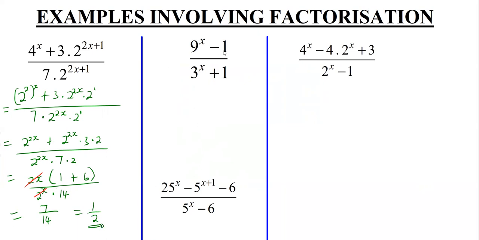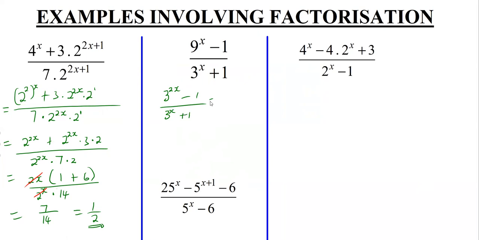Okay, let's look at this and see. Can you see something here? 9 to the power of x, there is a difference of two squares now coming to you. So what are we going to do? It's going to be 3 to the power of 2x minus 1 over 3^x plus 1.